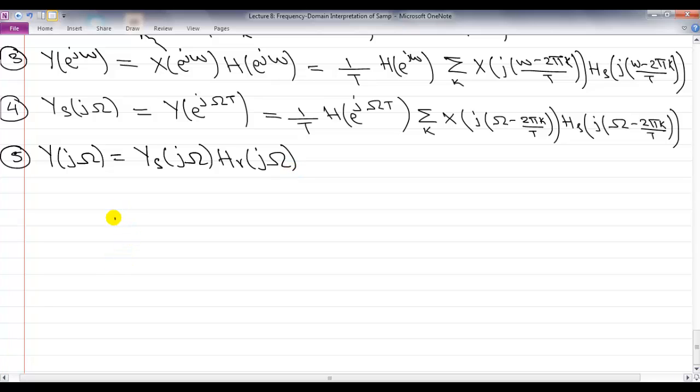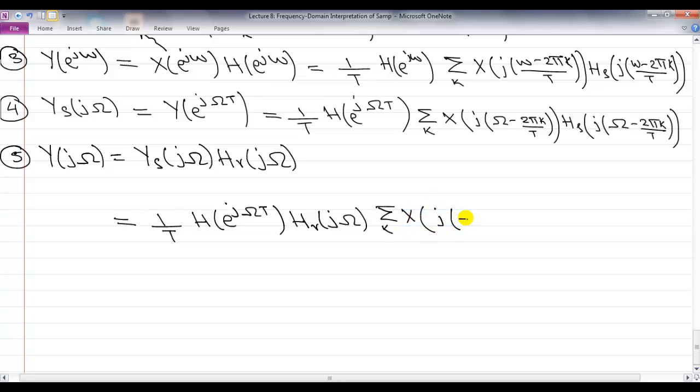Now I just replace that, so I get 1 over t h of e to the j capital omega t hr of j omega summation of k x of j omega minus 2 pi k over t hs of j omega minus 2 pi k over t.